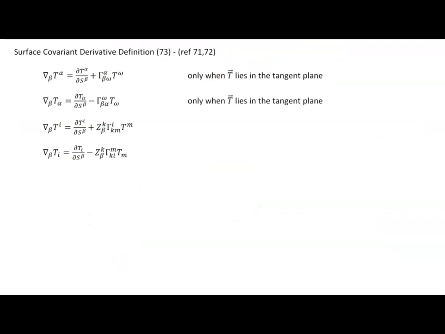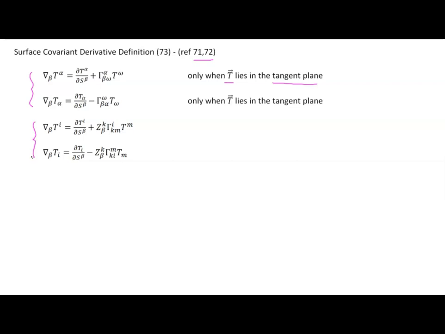We'll start with the basic definitions. In videos 71 and 72, we discovered that there are four basic forms for the surface covariant derivative. We said that if our vector t lies in the tangent plane, then we can use these forms. But if the vector does not lie in the tangent plane, we have to use these.